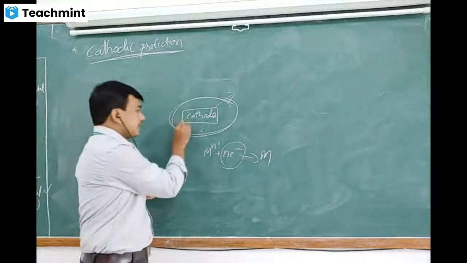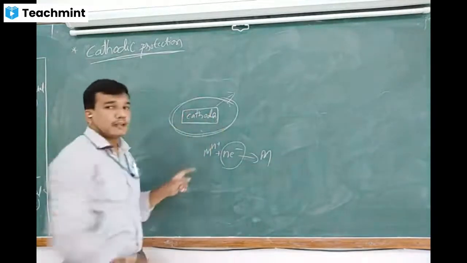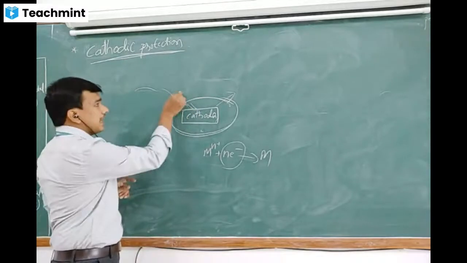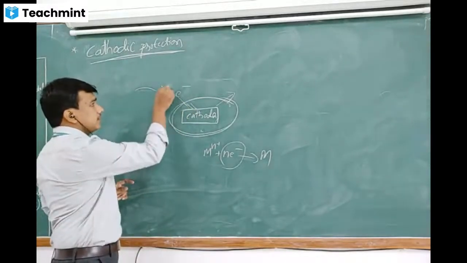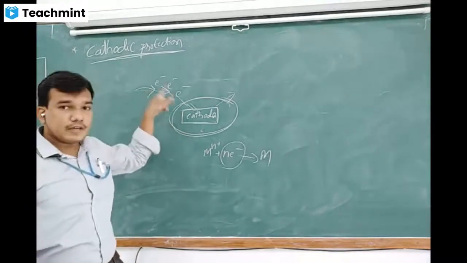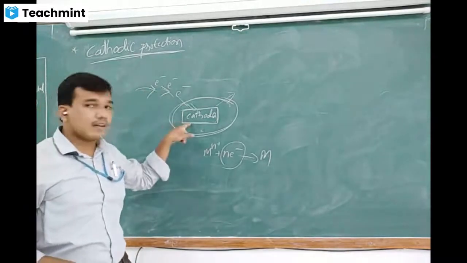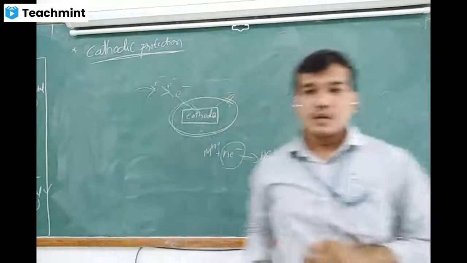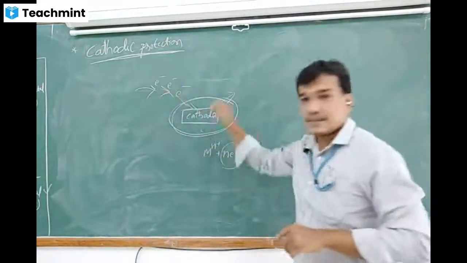To make the metal act as cathode, continuously we have to supply what? Electrons, right? If we continuously supply electrons, it acts as cathode. So what are the methods by which we can supply the electrons?